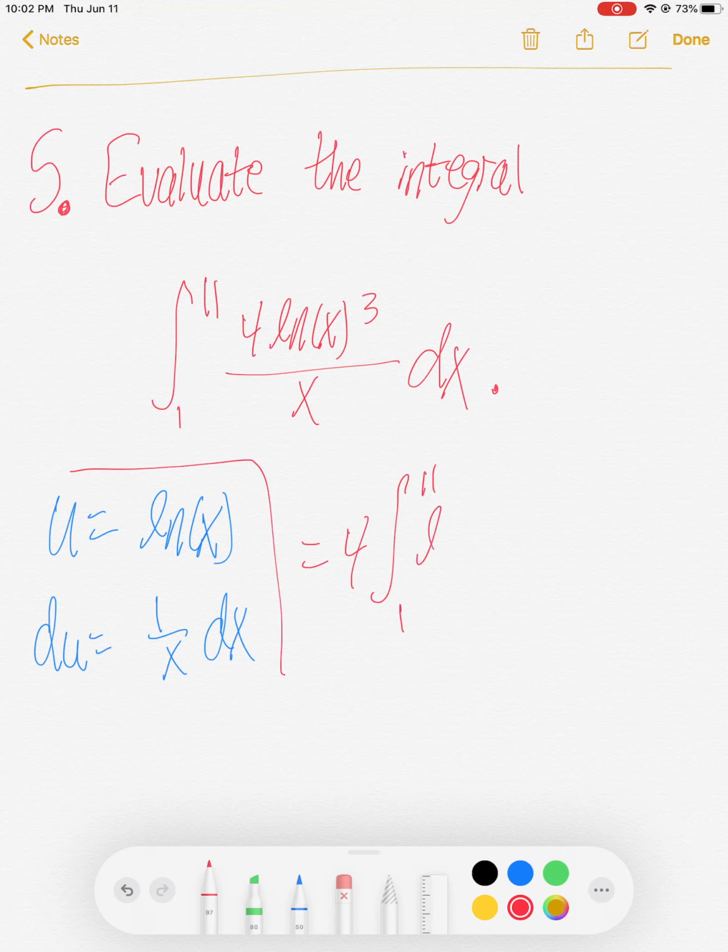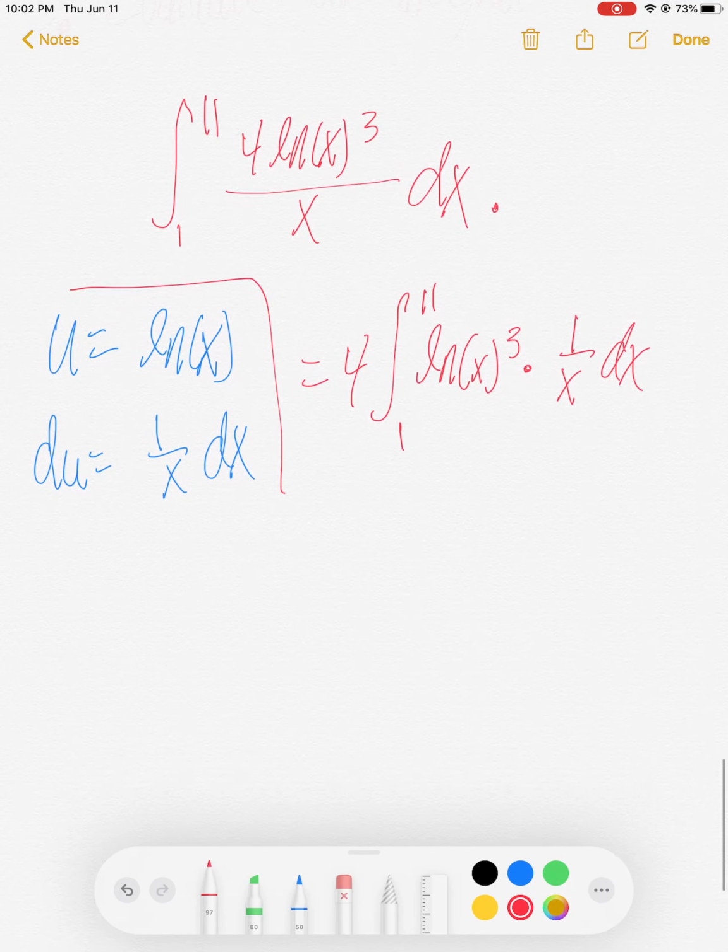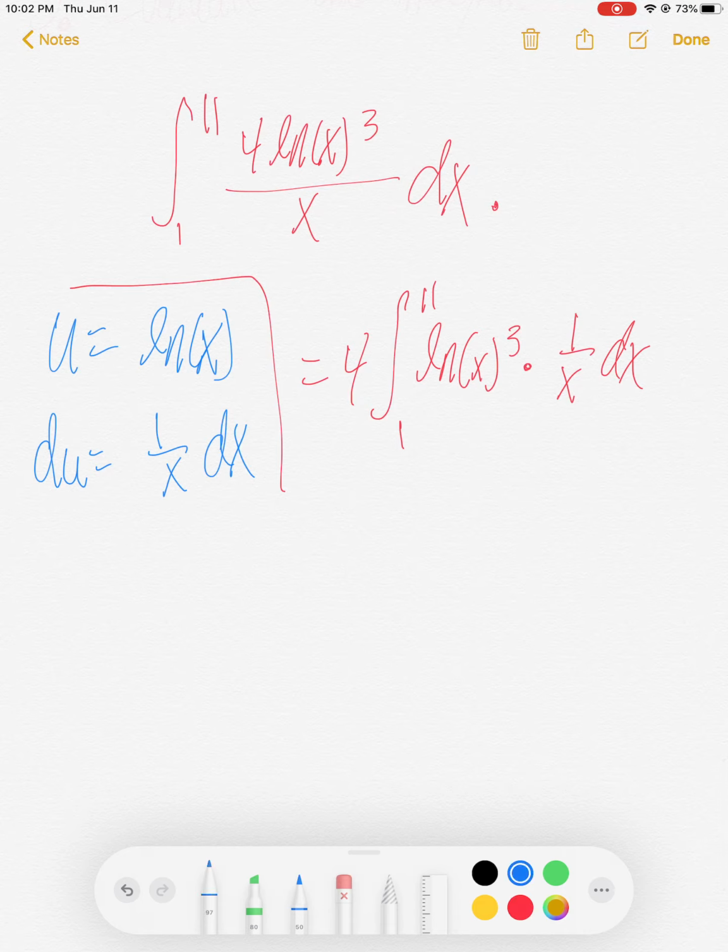Well, if I look at this problem, what I notice is that if I let u be the natural log of x, then du is going to be 1 over x dx. And you don't need to do this, but if you can't see right away, let me go ahead and pull a 4 out.